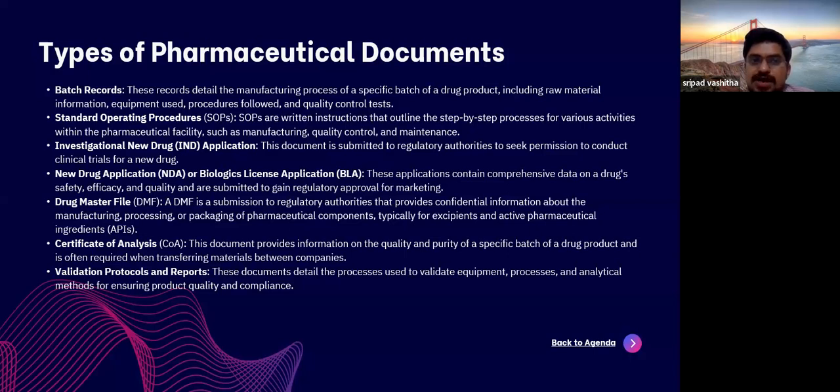Okay, what is a standard operating procedure? It is simple to break down: it is a step-by-step process which has to be followed to complete an activity. Yeah, it could be in manufacturing, it could be in QC, it could be in maintenance.